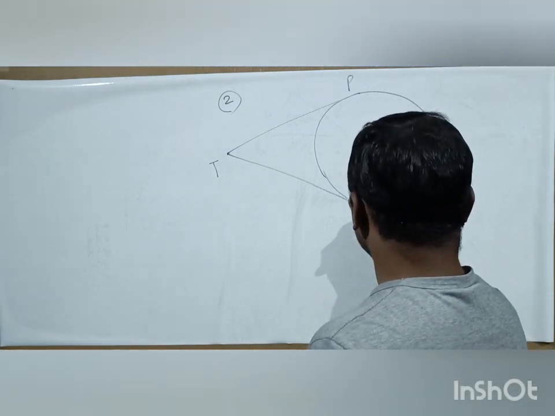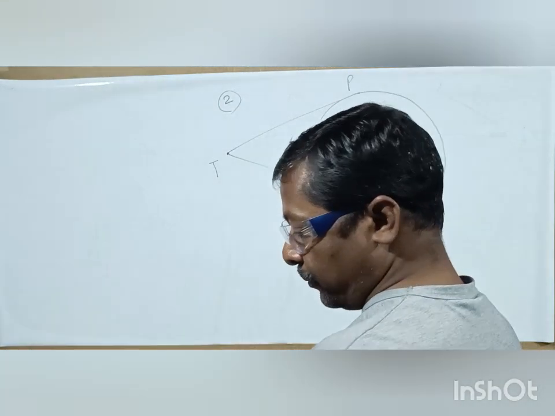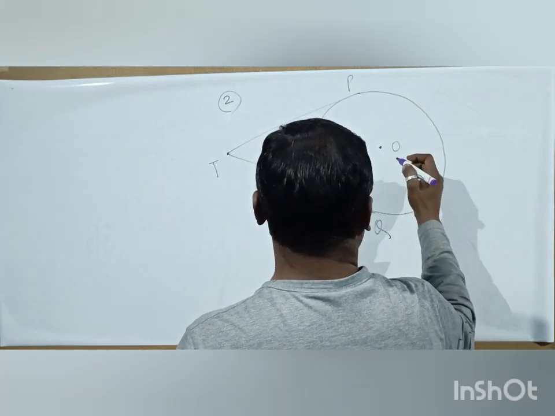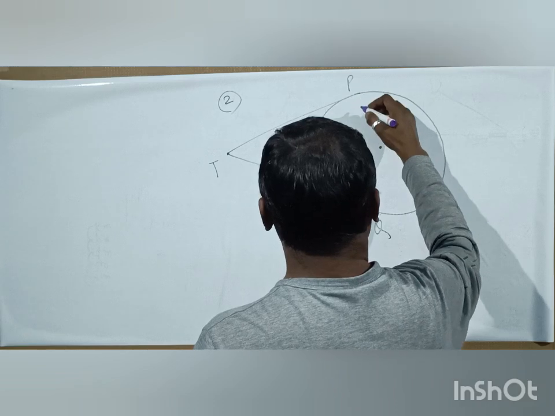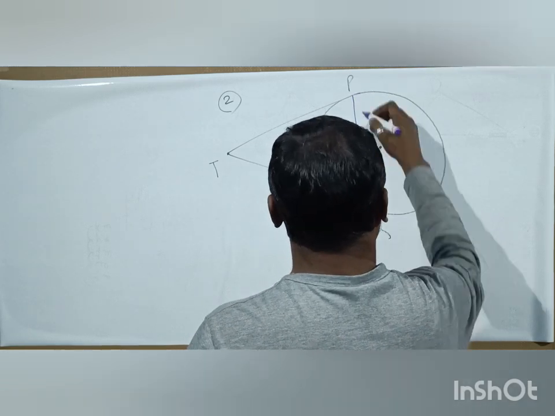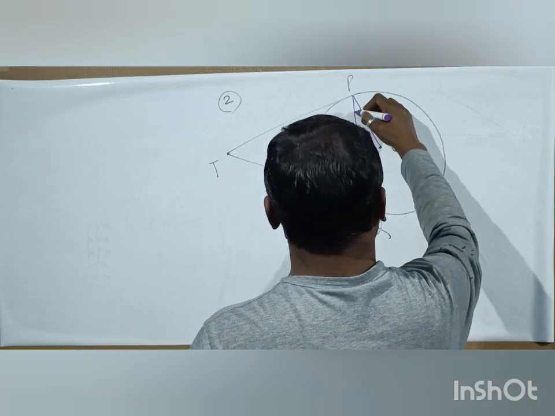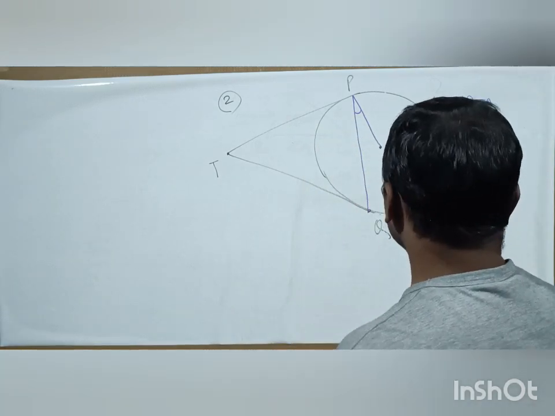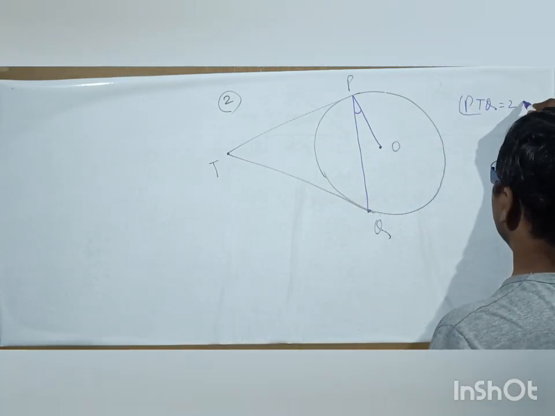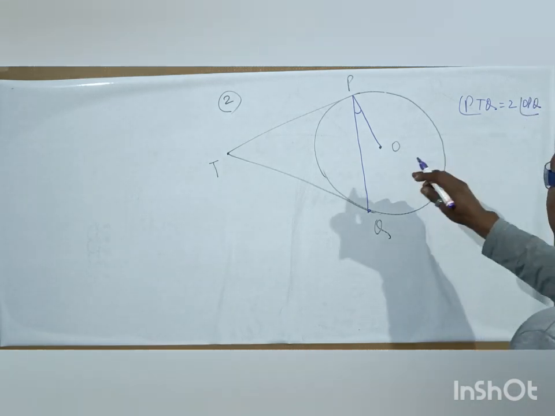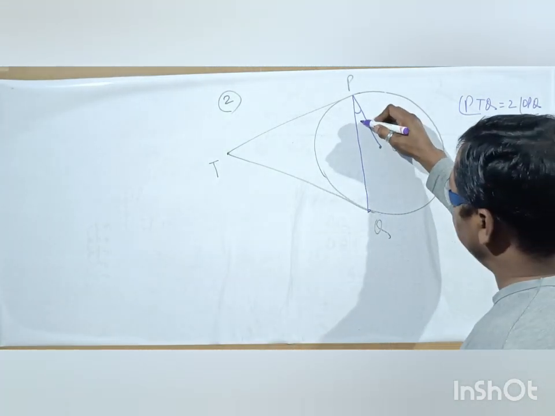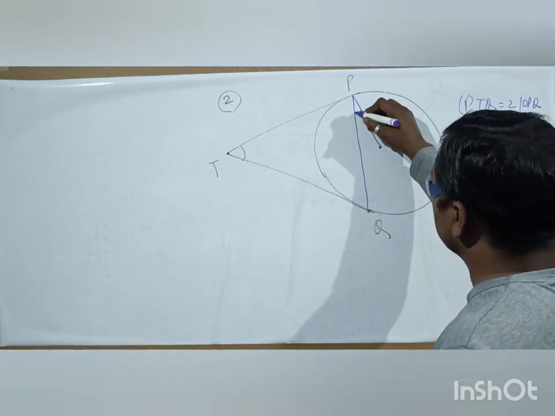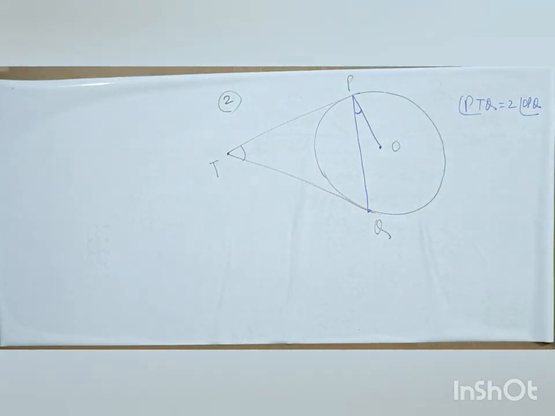Here PQ is joined. You have to prove angle PTQ equal to 2 times angle OPQ. It means this angle will be double of this angle. How to prove?